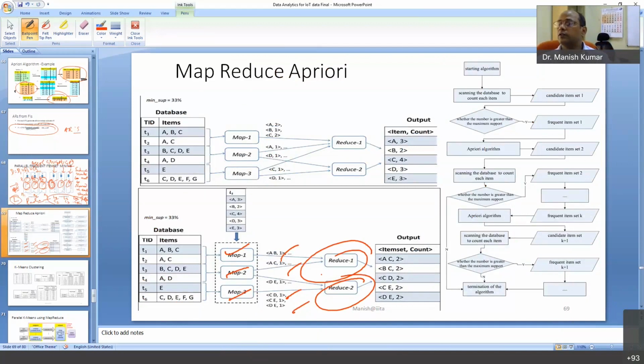In each iteration, the intermediate results will be joined and passed to each of the mappers for the next iteration. So the aggregated intermediate results will be the input for the next iteration.